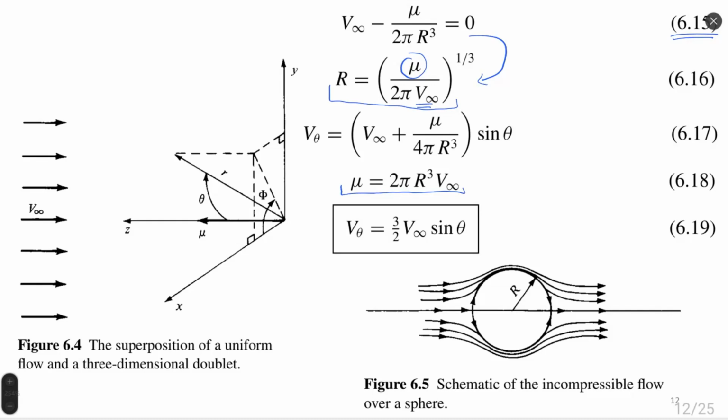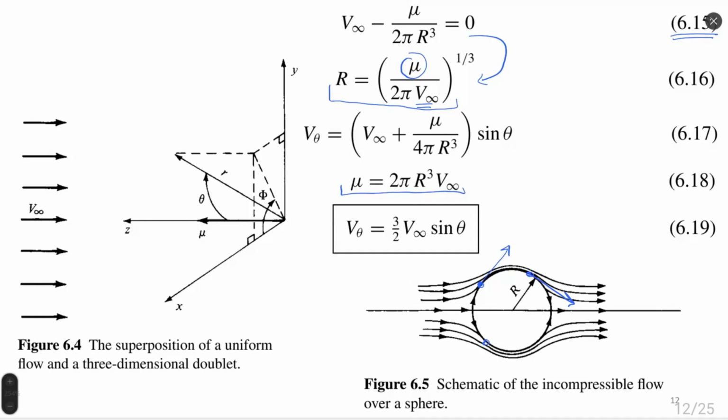Here equation 19 shows we have only the angular component of velocity. According to the boundary conditions, we remember that we cannot have flow crossing the sphere, so the radial component of velocity does not exist, and only the angular component of velocity, which is tangential at any point on the wall of the sphere.